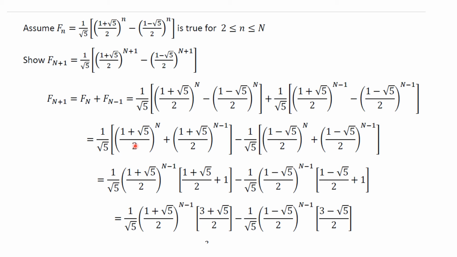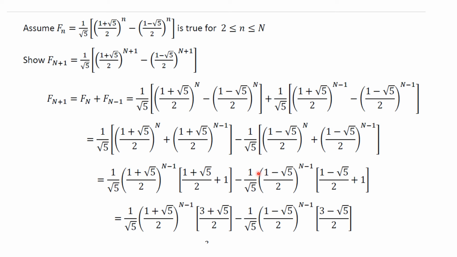And over here, when I multiply this, it has to be the power n. So this is (1 plus square root of 5 over 2) to the n minus 1, so this must be (1 plus square root of 5 over 2) raised to the 1. And similarly, over here, I'm factoring out this term.